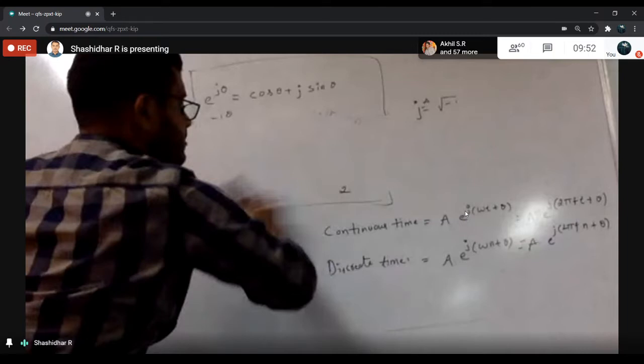Compute the DFT of the sequence defined by x of n is equal to minus 1 to the power of n.